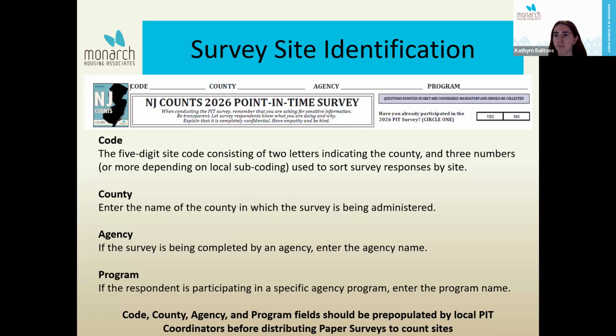This helps on the back end when we're collecting all of the surveys. Overall, you're going to enter the county where the survey is being administered. If an agency is helping, you put the agency name, and if the client is in a particular agency program, you put that program name in there. But you should get all of this from the PIT coordinator if it hasn't already been pre-populated on the paper surveys you receive.